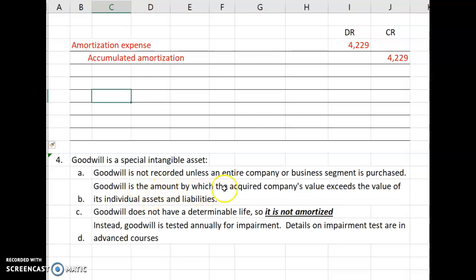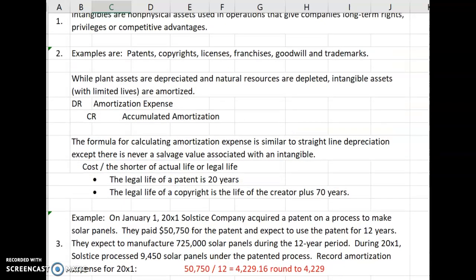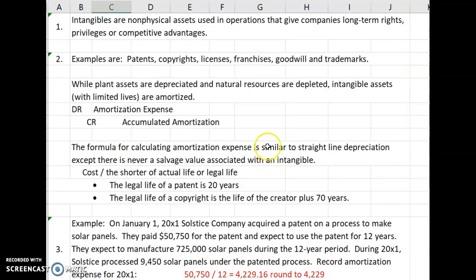Goodwill is the amount by which the acquired company's value exceeds the value of its individual assets and liabilities. Goodwill does not have a determinable life. Therefore, it is never amortized. Remember up here I said that intangibles are amortized if they have a limited life.